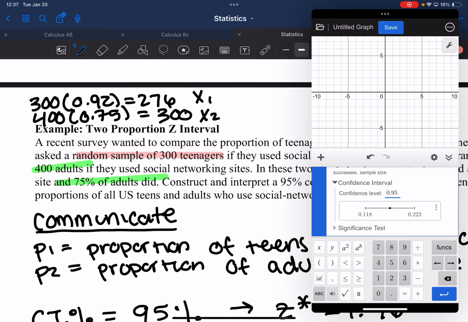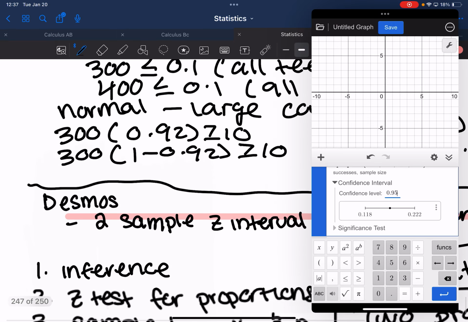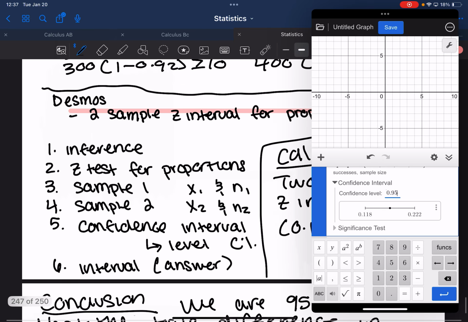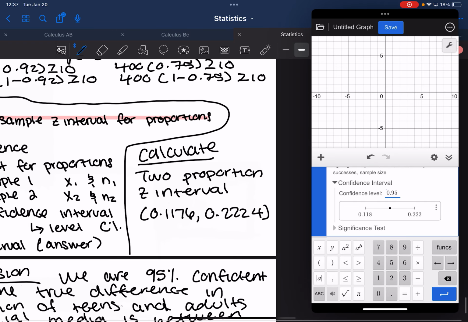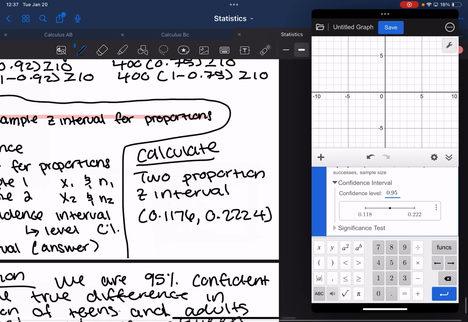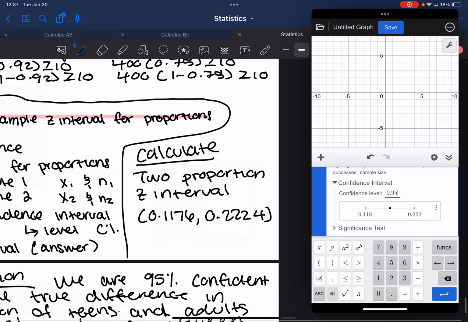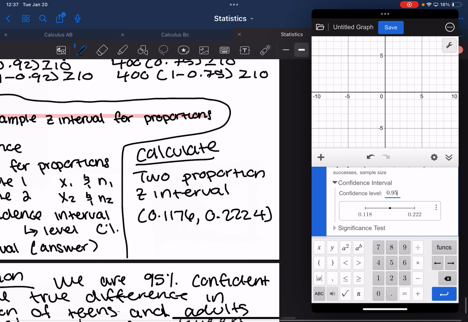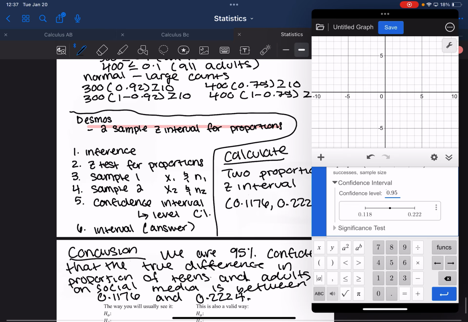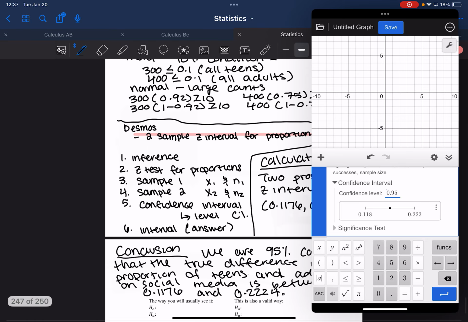And then that's where I got this interval here for our answer. So they rounded it 1 more. So I should just say 0.118 and 0.222. Same thing. Okay, it rounded it 1 more. That's why I like if you use Desmos more. These, of course, are the calculations using the calculator last year. Okay, so that's how you would find that answer. Any questions?